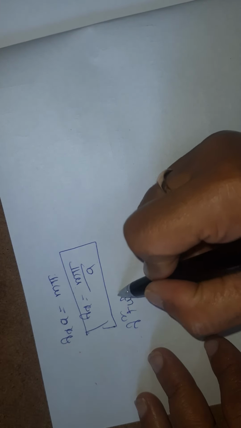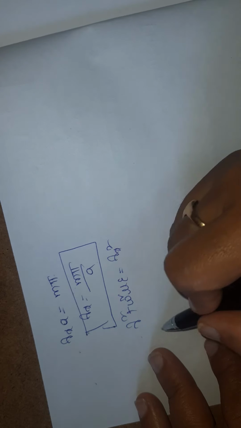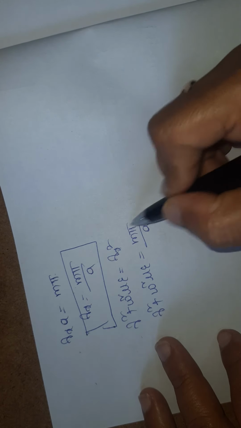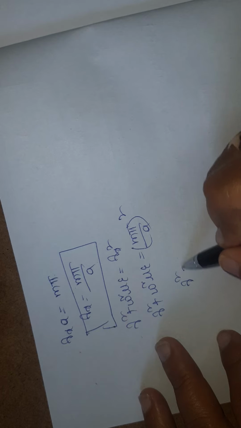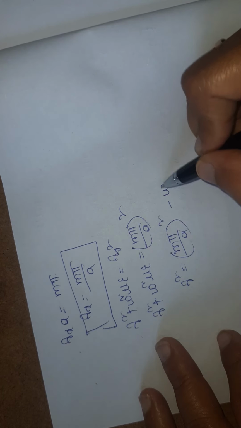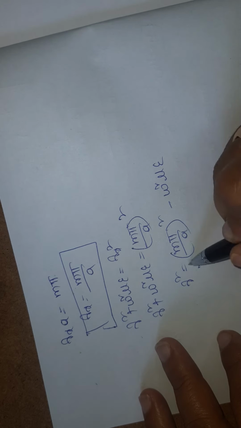Now substitute in the equation gamma square plus omega square mu epsilon is equal to gamma x square. This is the expression we got in the last session. So gamma square is equal to gamma x square minus omega square mu epsilon. What is gamma x square? M pi by a whole square. So gamma square is equal to m pi by a whole square minus omega square mu epsilon.